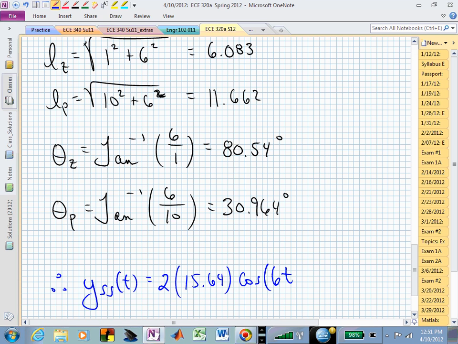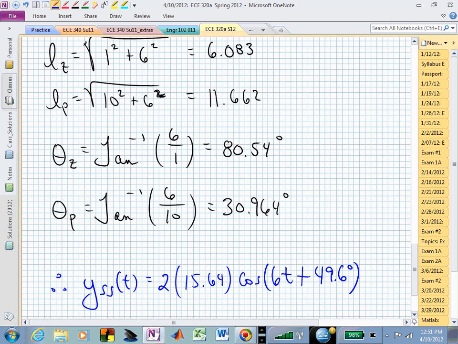But what we are changing is the phase relative to the x of t waveform. And hopefully I'm using the right numbers. That's then the output response for that given input excitation and transfer function, capital H of s.